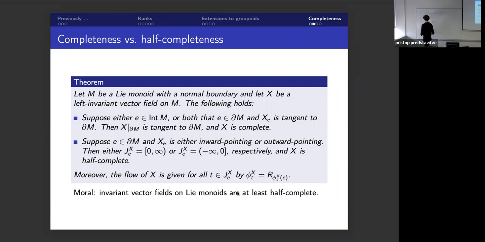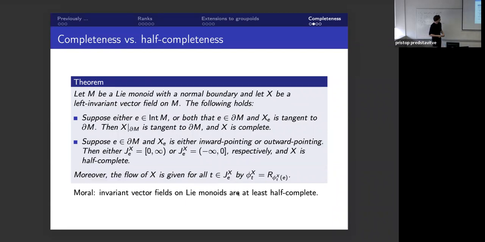The same holds when E is in the interior, because in that case there's really no problem. We of course have the open interval around 0 again.